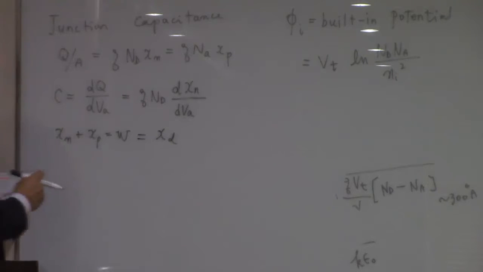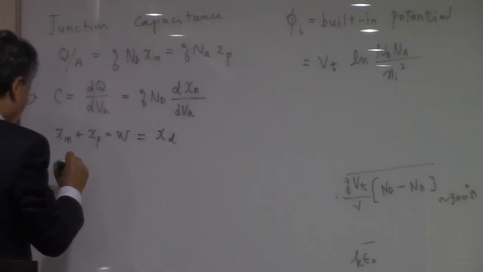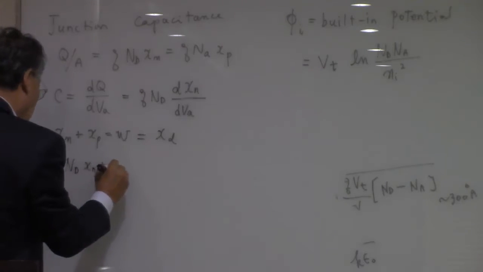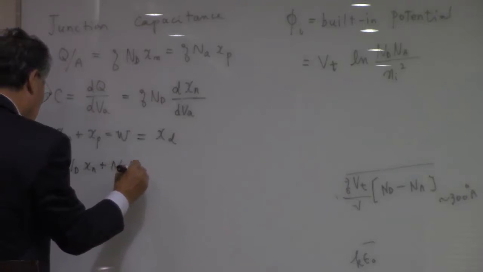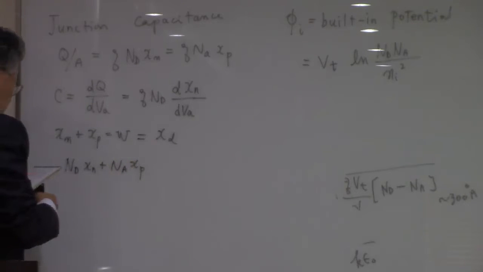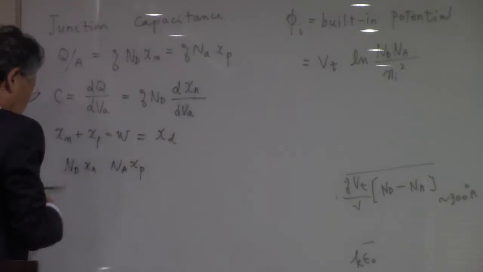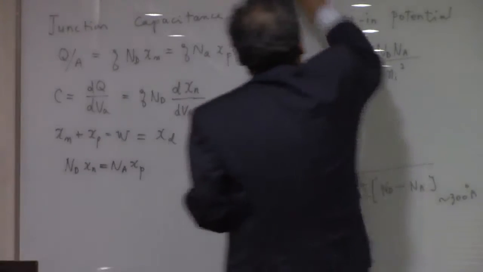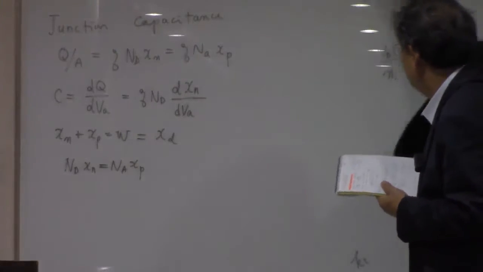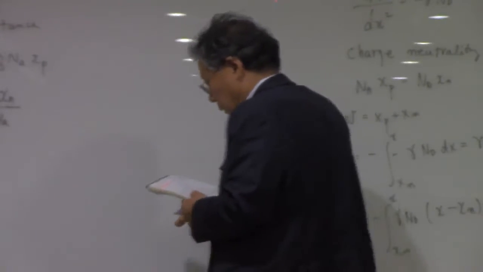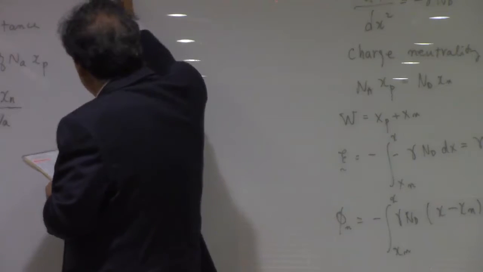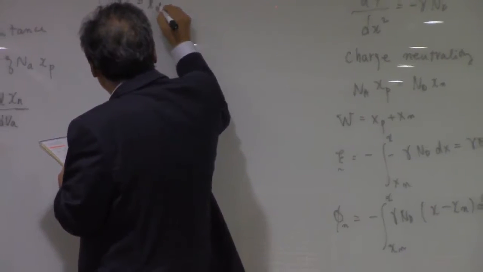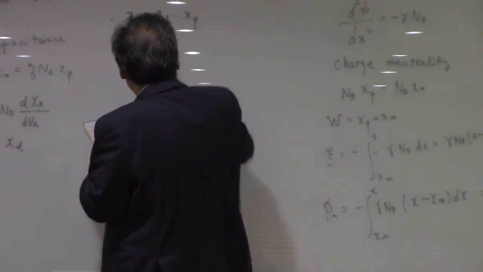And since Nd Xn plus Na Xp are equal for charge neutrality, Xn is XD minus Xp.